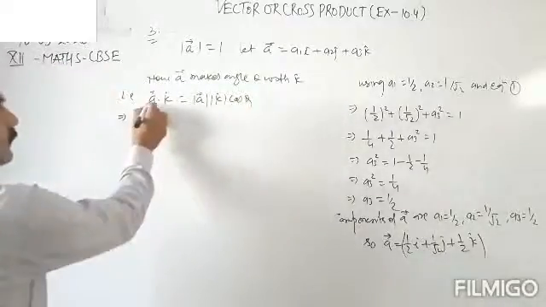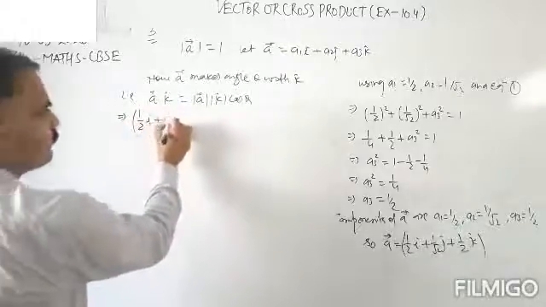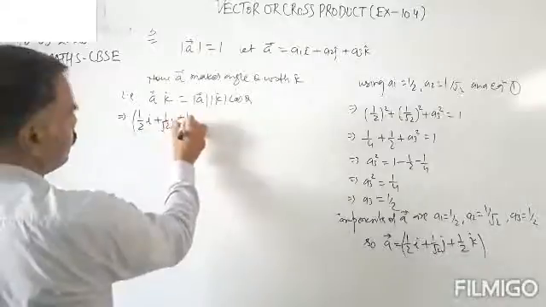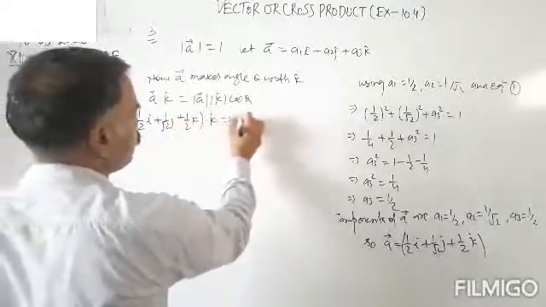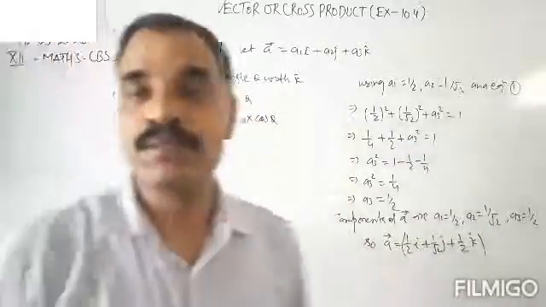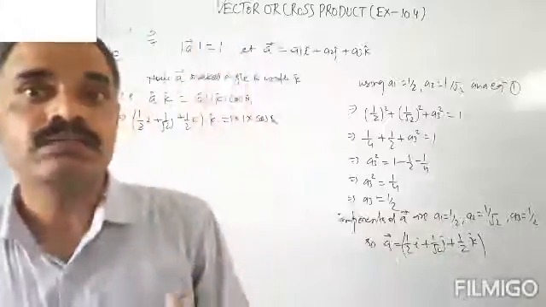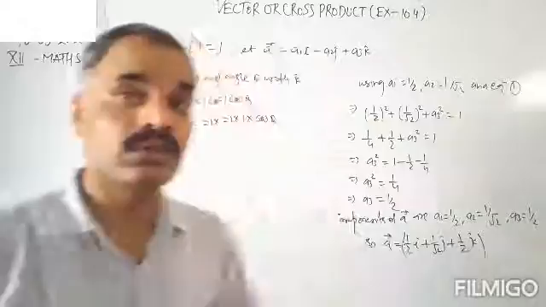So (1 by 2 i cap plus 1 by under root 2 j cap plus 1 by 2 k cap) dot k cap is equal to 1 into cos theta. Magnitude of a is 1, magnitude of k cap is also 1, and then cos theta.